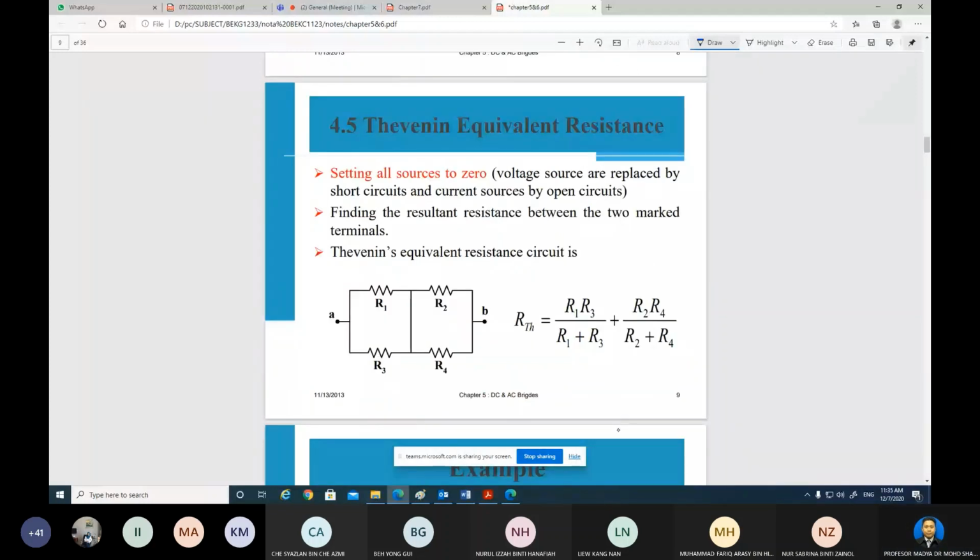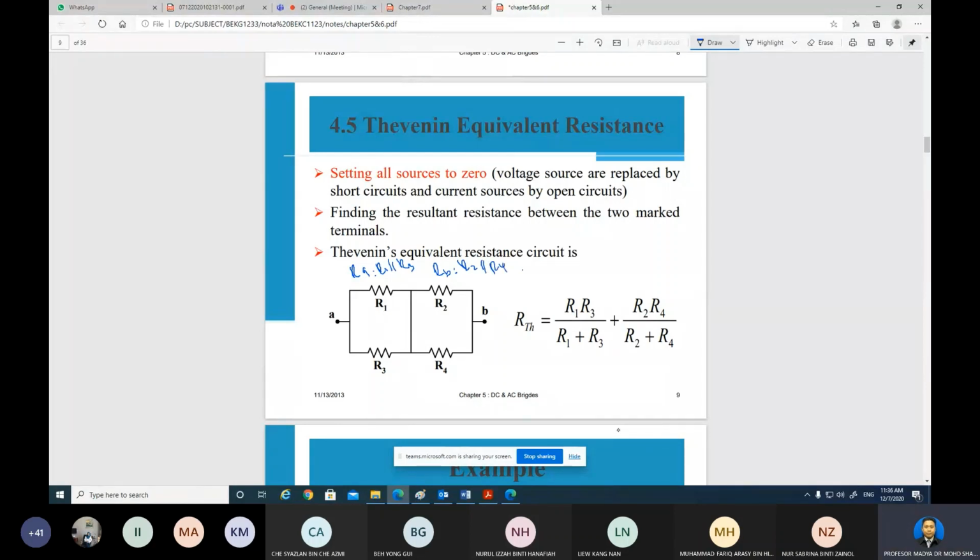Now we can get the resistance here. As you can see, R1 and R3 are in parallel, and we assume this as RA. RA equals R1 parallel with R3, and this one we declare as RB. RB equals R2 parallel with R4.